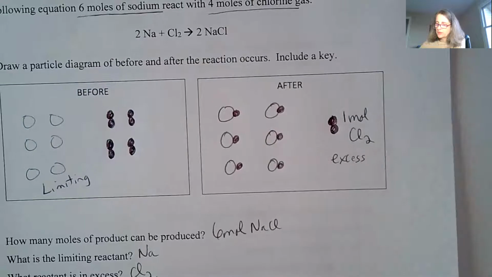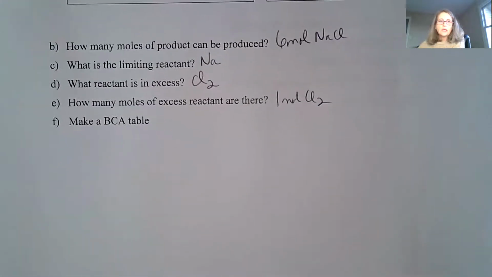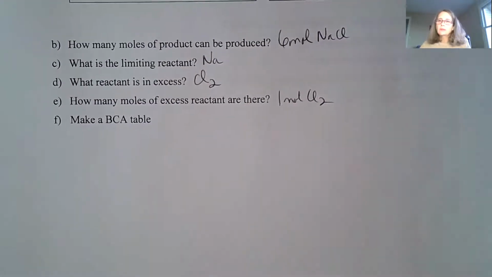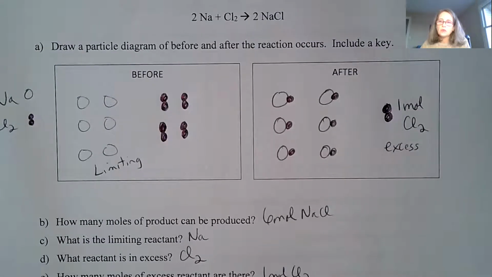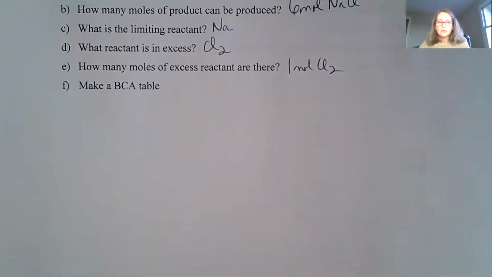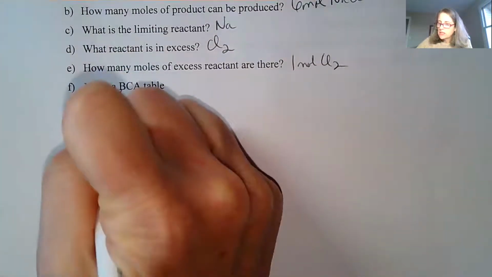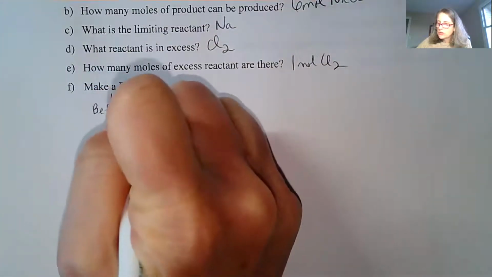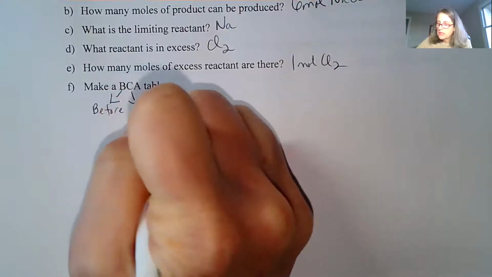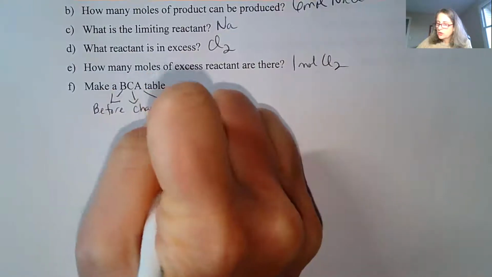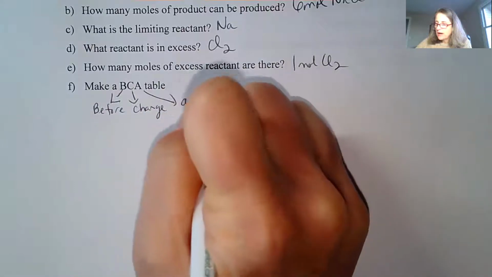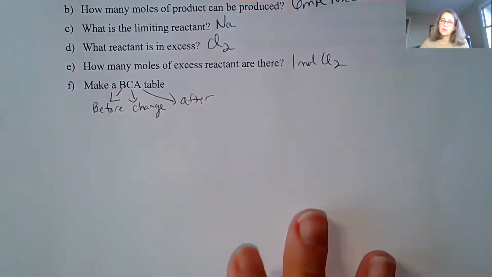Not every problem is going to be nice, easily drawn, and have nice numbers. So we're going to have to use something called a BCA table. And B stands for before the reaction starts. C stands for change. And A stands for after the reaction has taken place, so at the end of the reaction.